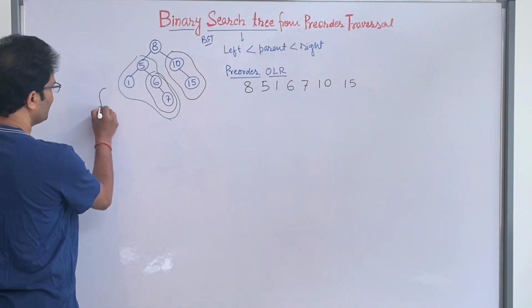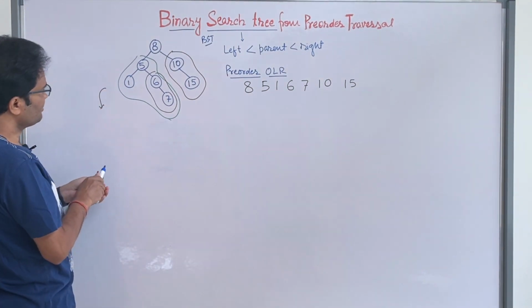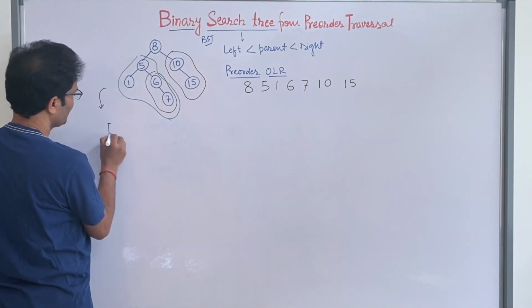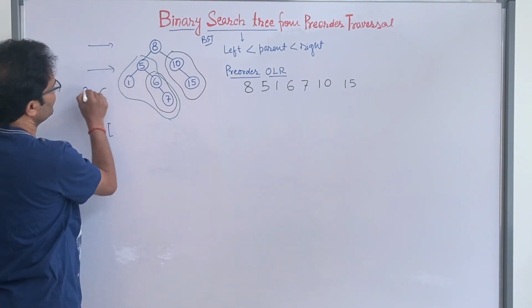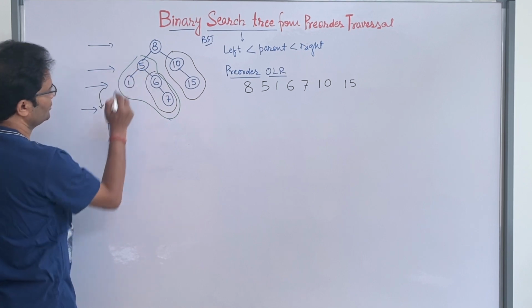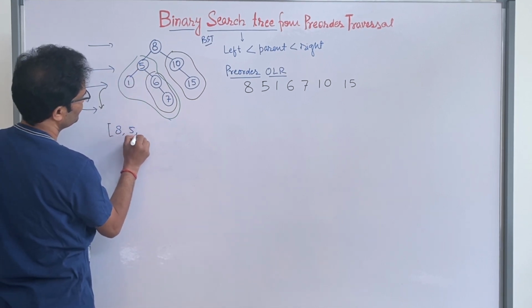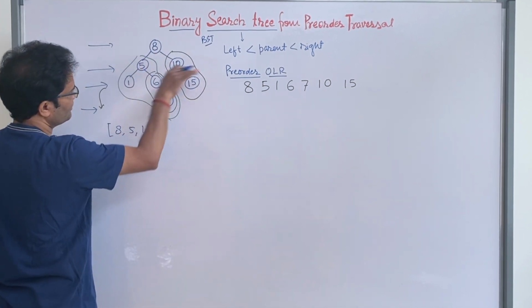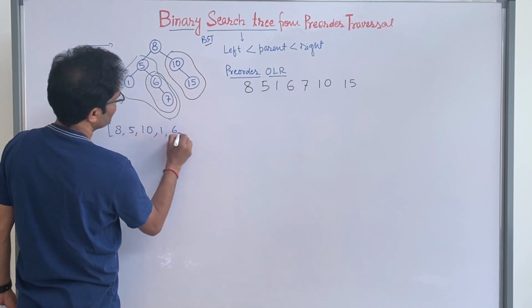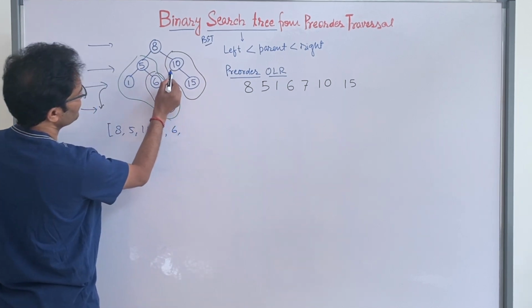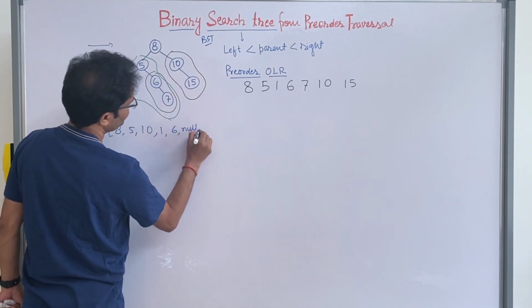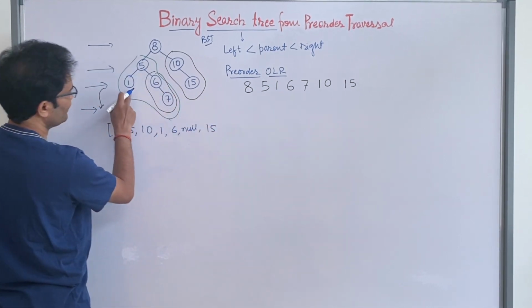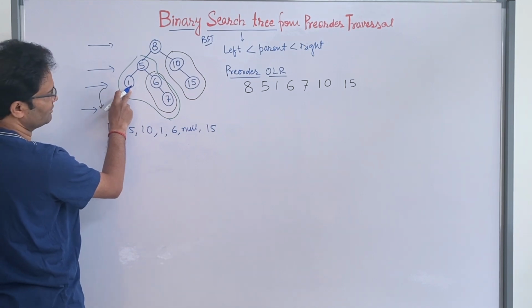What is the array form for this binary search tree actually? When you denote it through an array, it is like this, right? Breadth first search kind of. So 8, 5, 10, going horizontally, 1, 6. But if you see here, there is no left child, so put null, then 15. Here again, there is no left child, right?